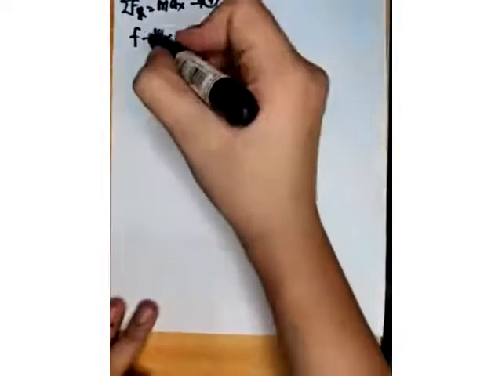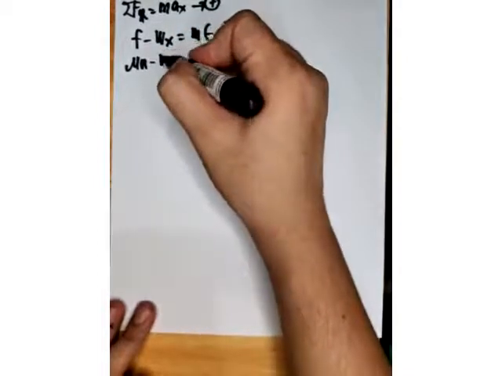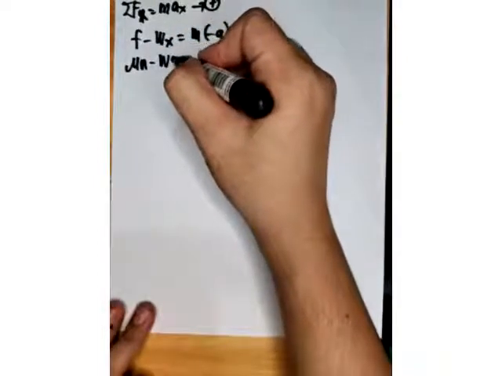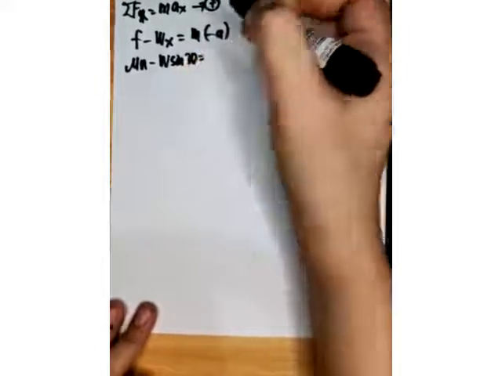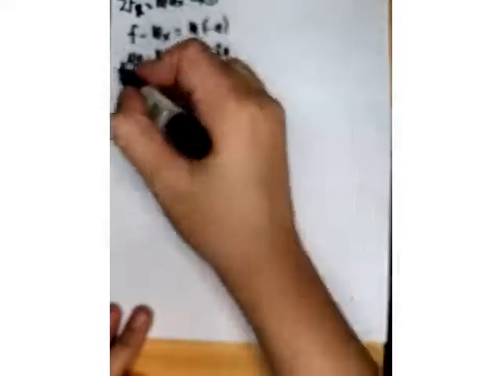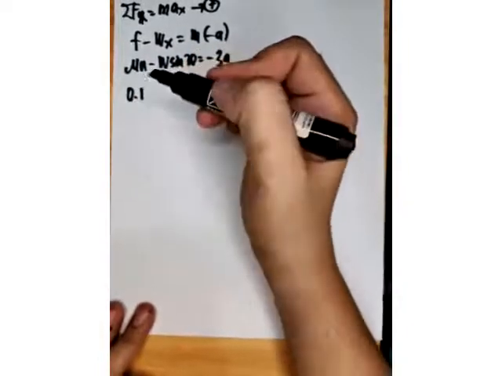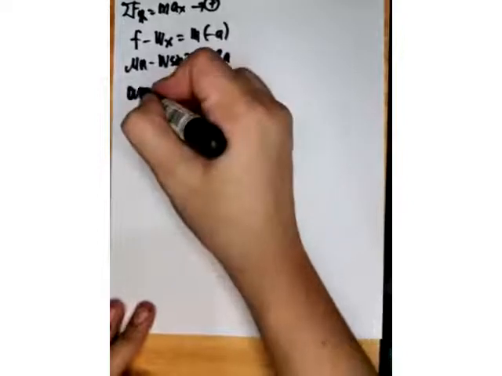Okay, so what's our frictional force? That's mu N minus W sine 30 is equal to negative 3A. Oh, yeah. So, mu is a 0.1. Ay, wala. Di pala siya given. Hinahanap siya.